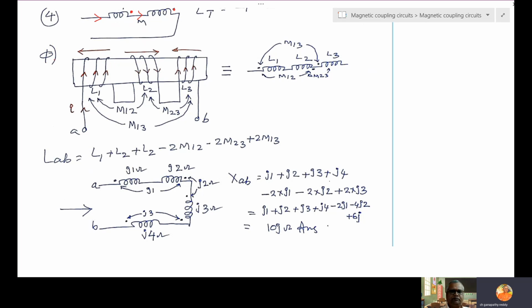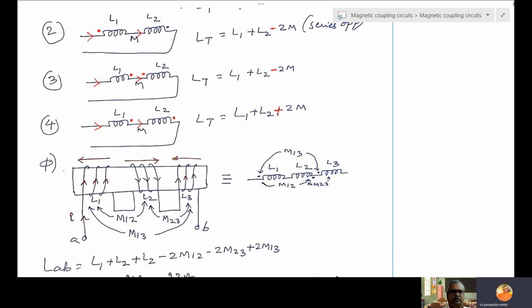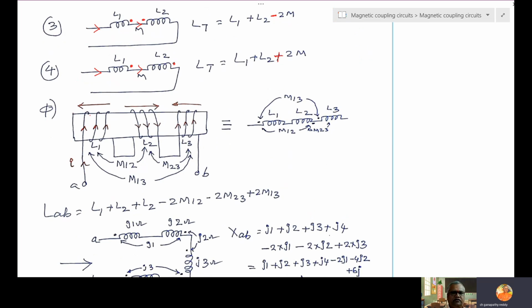So if you look, this problem is based on these four cases, how it is done. A single horizontal core and winding directions: first one clockwise, second one anti-clockwise, third coil again clockwise.